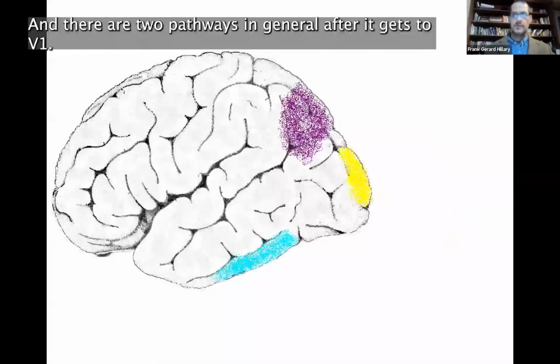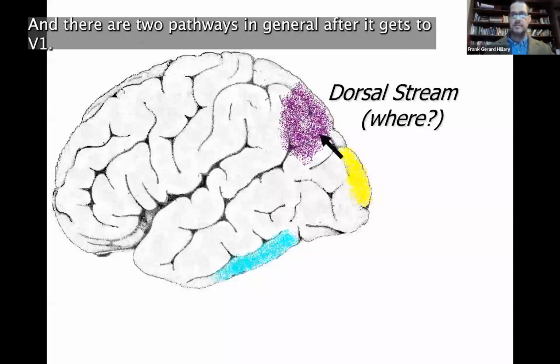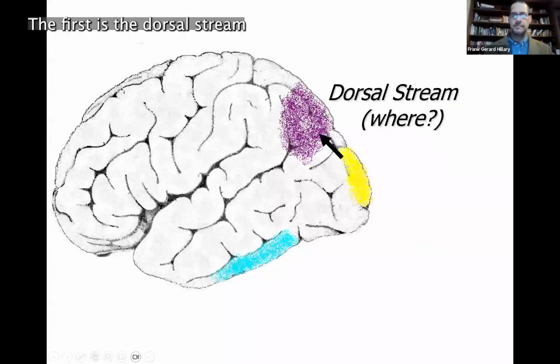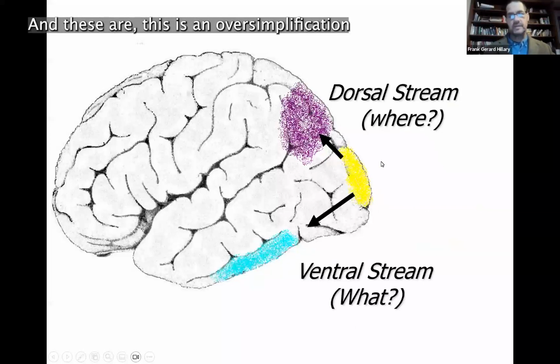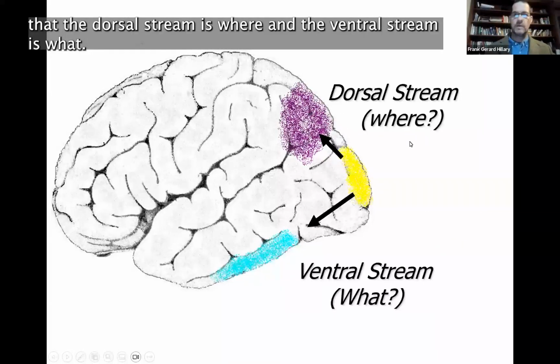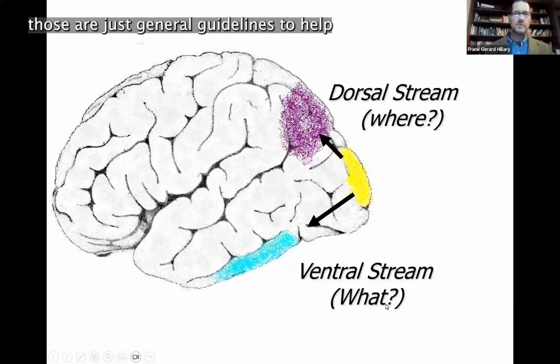There are 2 pathways in general after it gets to V1. The first is the dorsal stream, and the next is the ventral stream. It's an oversimplification that the dorsal stream is where, and the ventral stream is what, but those are just general guidelines to help you think about the types of information processed here in the parietal lobe and here in the temporal lobe.